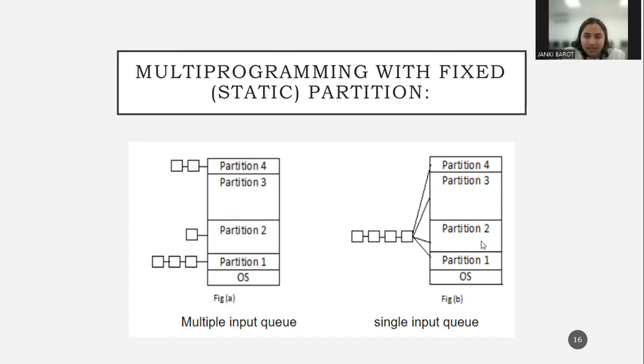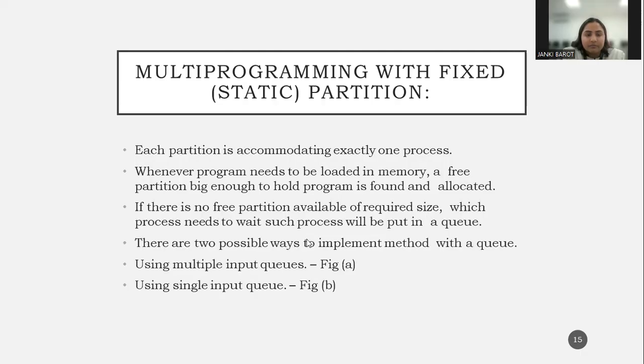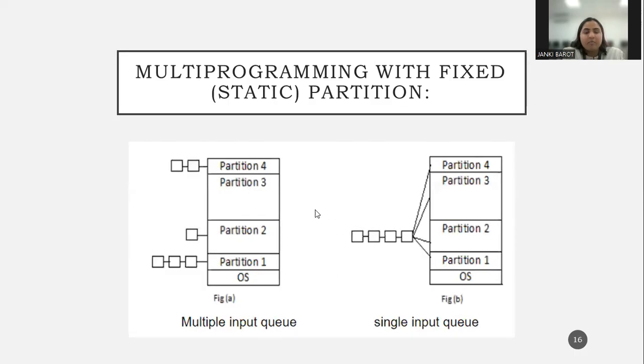Unequal partitions are there. What is written here is that if there is no free partition available of the required size, that process needs to wait and will be put in a queue, right?